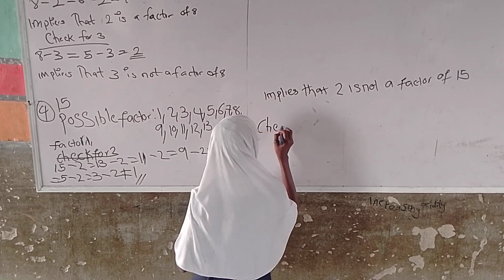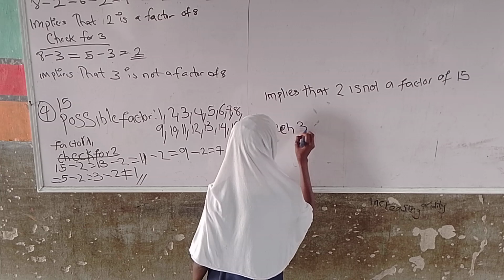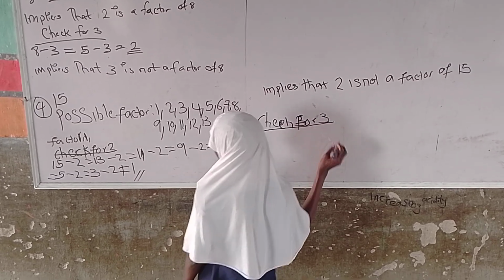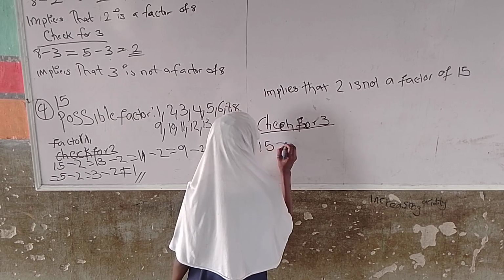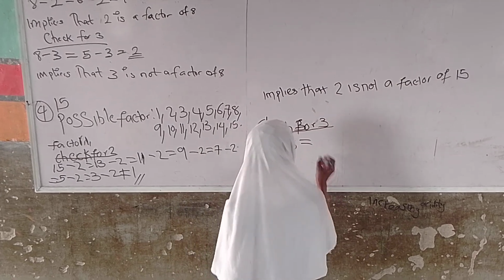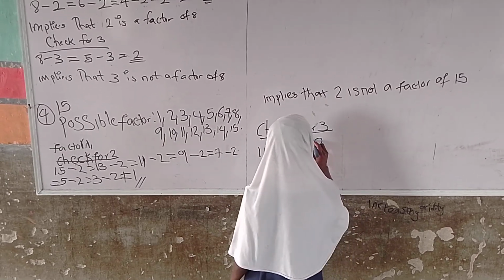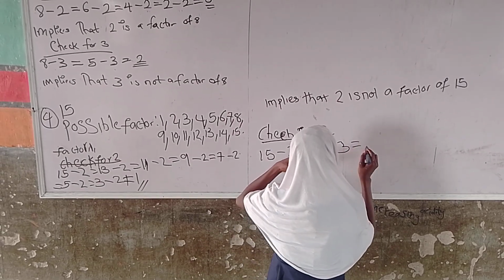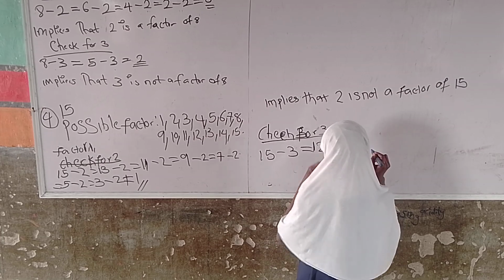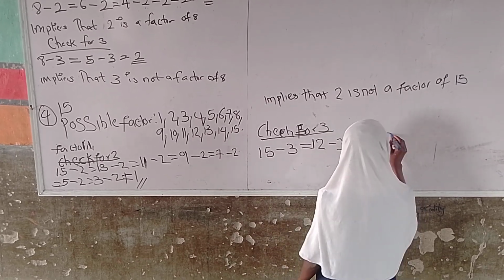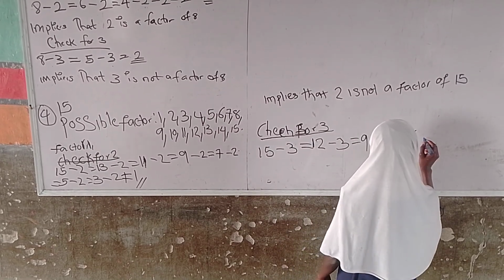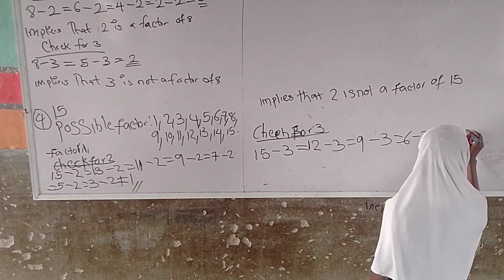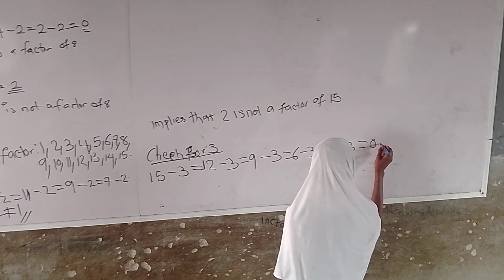Let's check 3. 15 minus 3 is equal to 12, minus 3 equals 9, minus 3 equals 6, minus 3 equals 3, minus 3 equals 0.